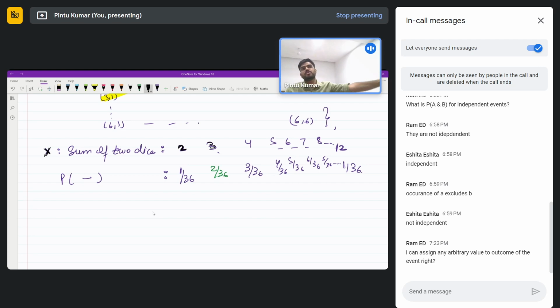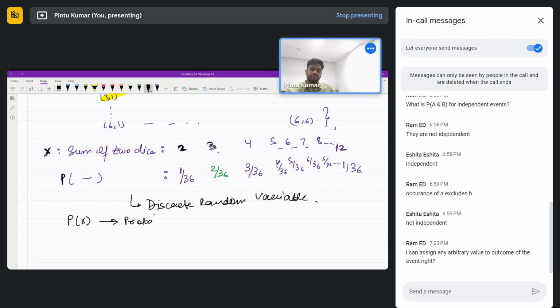That there is some gap between the values that we are obtaining. So these kinds of random variables are known as discrete random variables. And this probability function that we define on x is known as the probability mass function for discrete random variables.